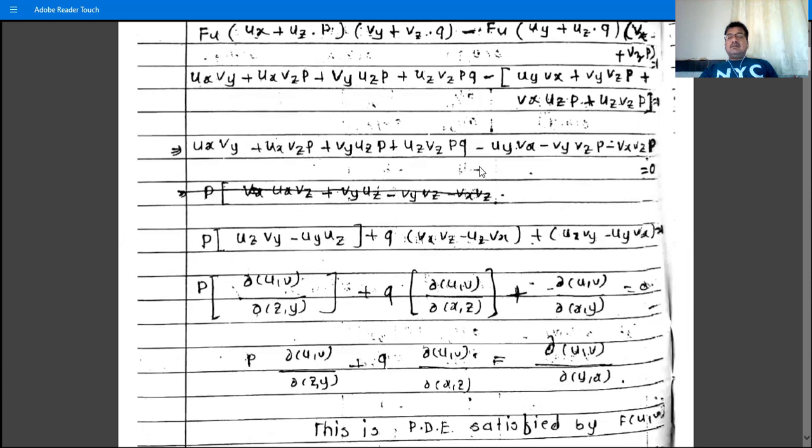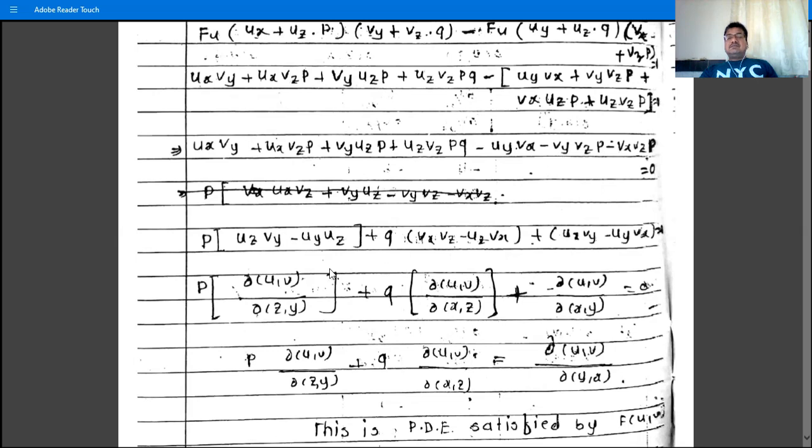and then this term u_z v_z pq, this minus u_z v_z pq becomes 0, and for the remaining terms, the coefficient of p is u_z v_y minus u_y v_z.